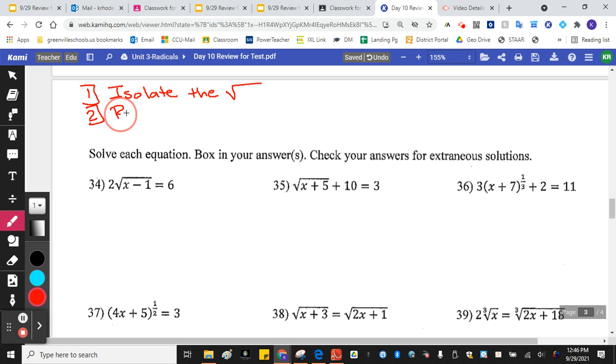And then you raise it to the proper power. The proper power for square root is squared. Cube root is cubed. You'll see that in a second. Solve like normal. Check your answers.